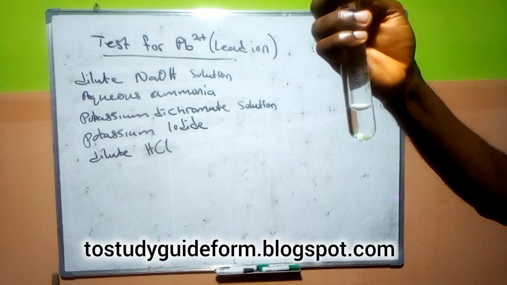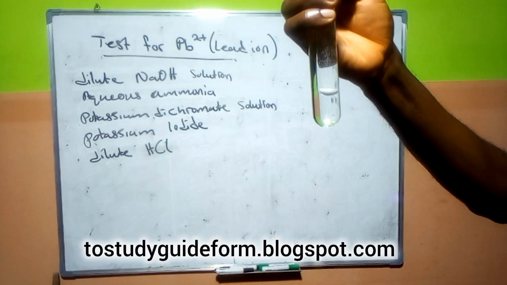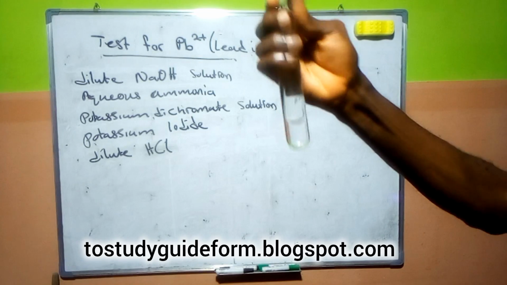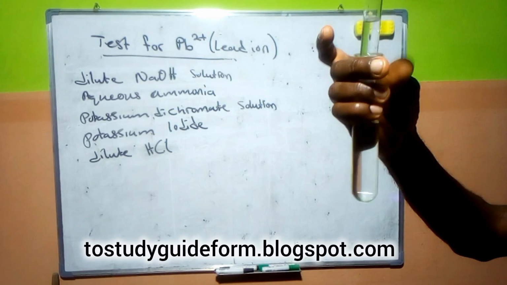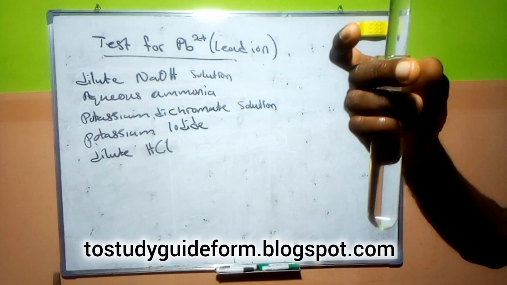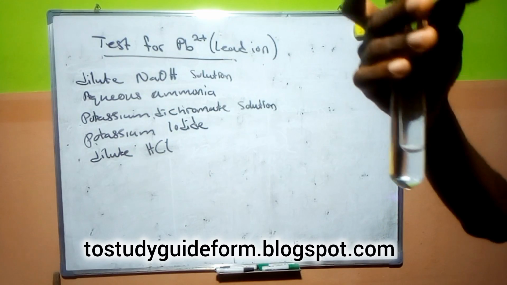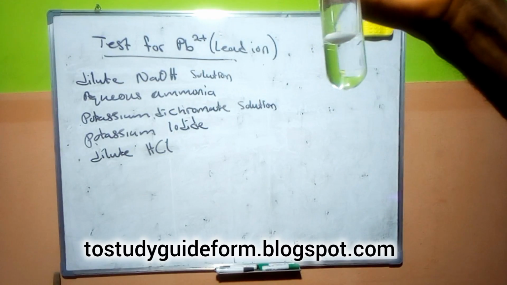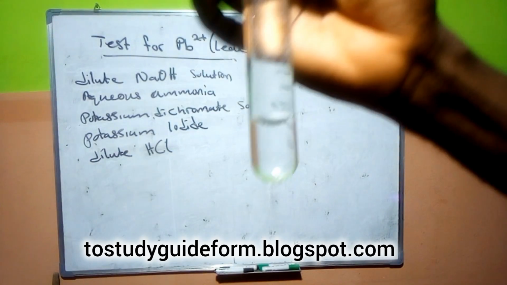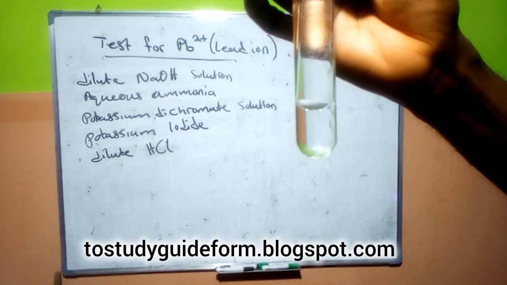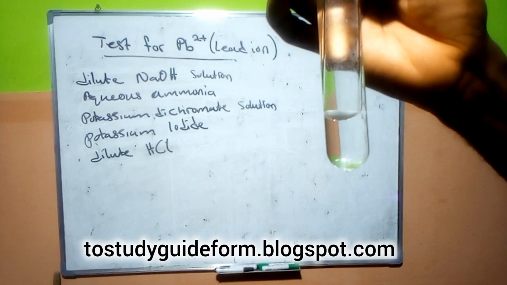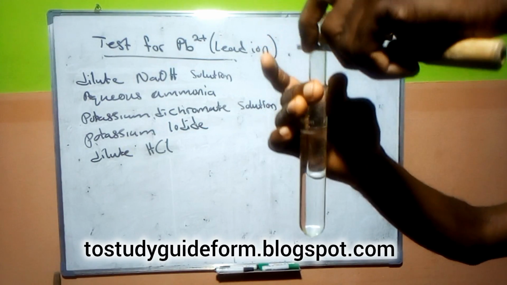Allowing it to cool, this thing is coming back again. The precipitate is coming back. So when we heat again, it will also dissolve. As you can see, this is one thing that happened now. This is very peculiar with lead ions, what they do when you heat it.